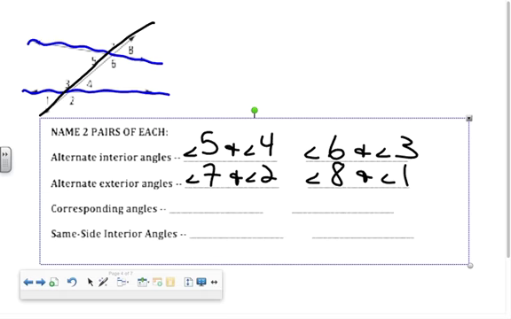Corresponding angles, unfortunately, the name doesn't give anything away. And the book I find tremendously annoying because it says that they're in corresponding position with respect to the two lines. So I don't like that they use the word corresponding to define corresponding angles. What I'd like you to think of is they're on the same side of the transversal, so on the same side of the bridge, on opposite riverbanks, and one's wet and one's dry.